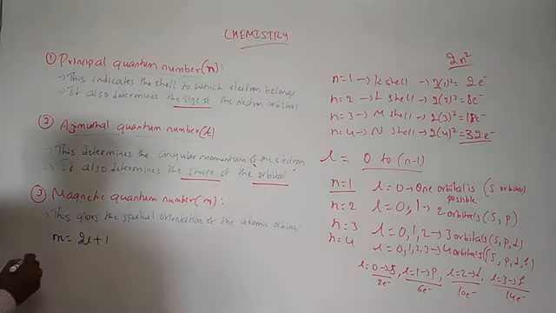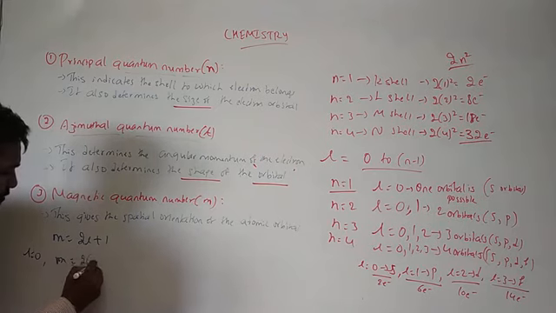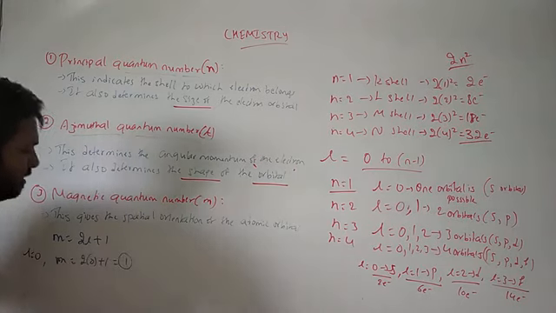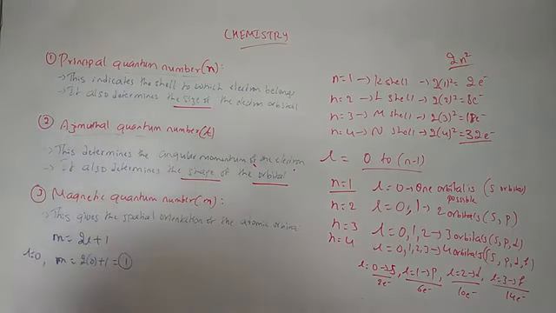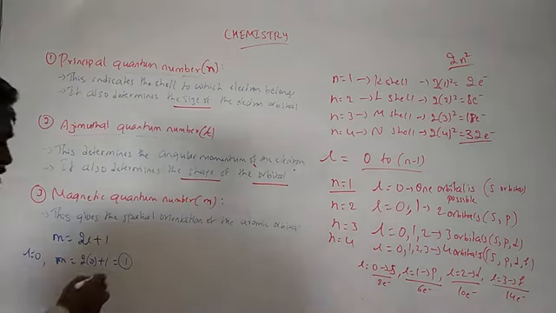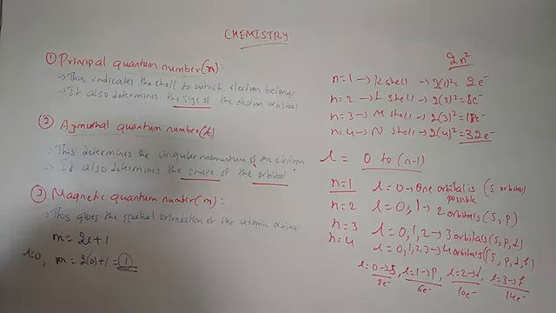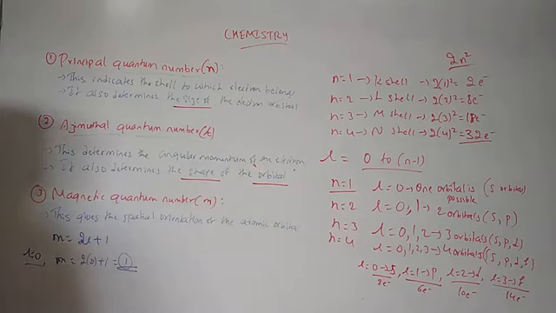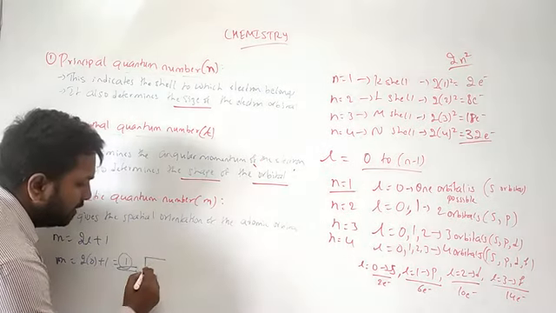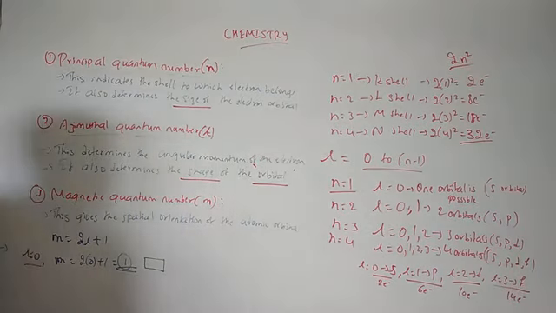If L equals 0, M will be equal to 0 only. That means only one orientation is possible for the S orbital. L equal to 0 means it is the S orbital, so only one orientation is possible.